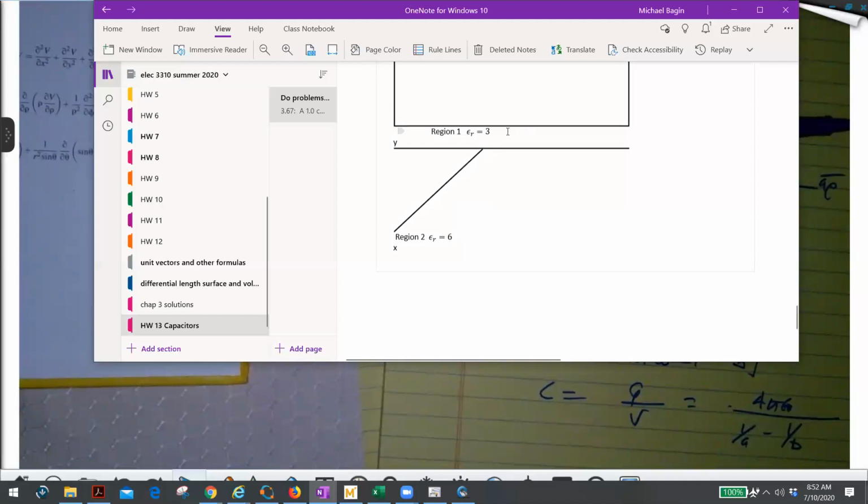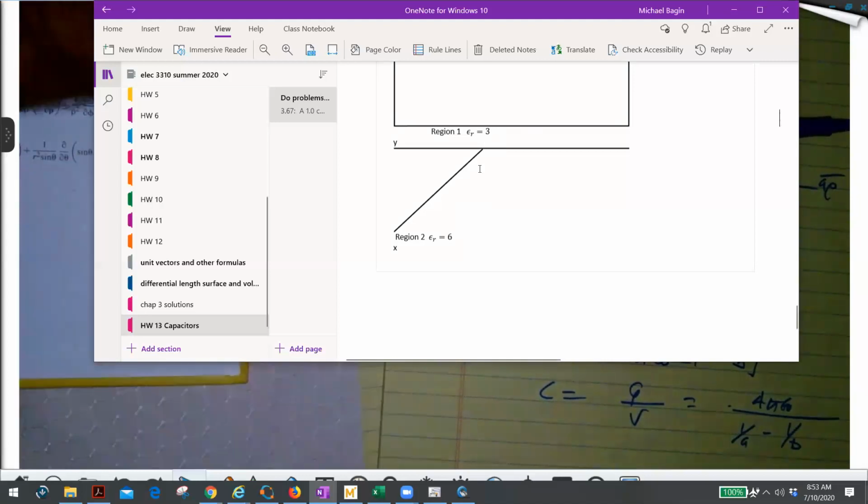So if the region is divided up by the value of X, it means the plane that is the interface between the two surfaces is the YZ plane. Can you imagine that? For X greater than a certain value, it's got one value of epsilon. For X less than a certain value, it's got a different value. So the YZ plane would be the dividing point, and this would be at X equals 0. Do you all see that?